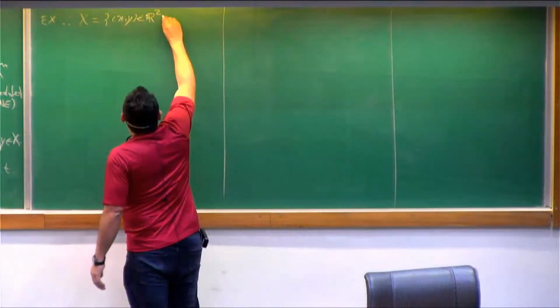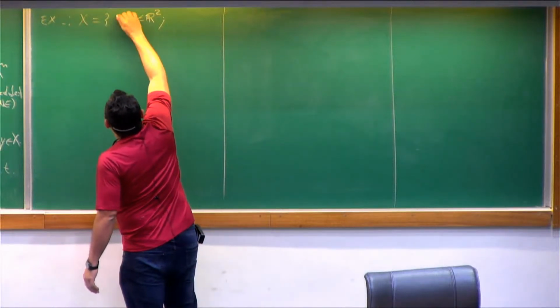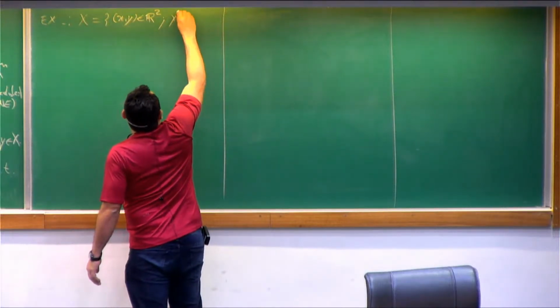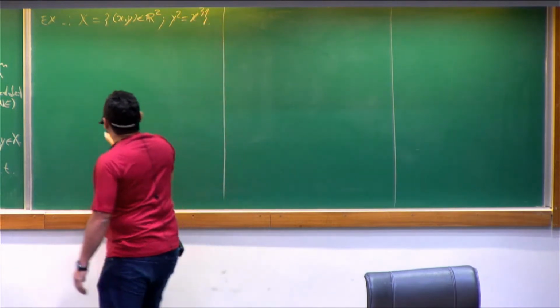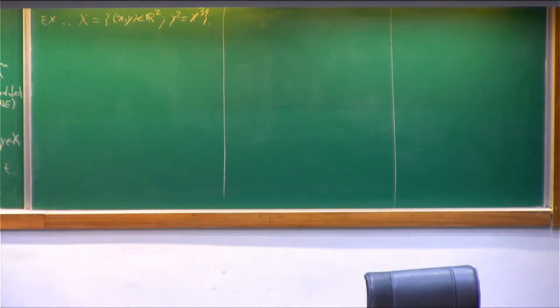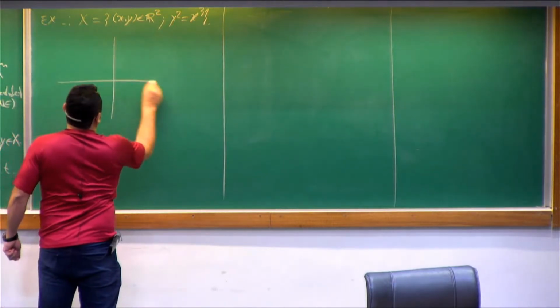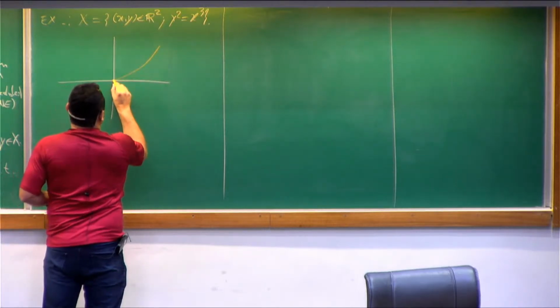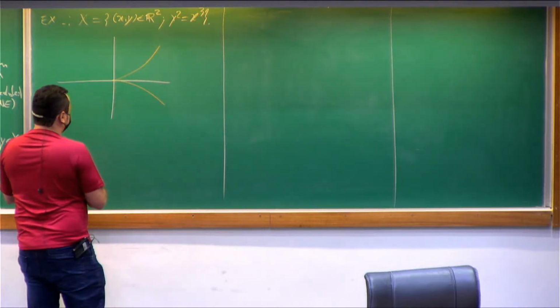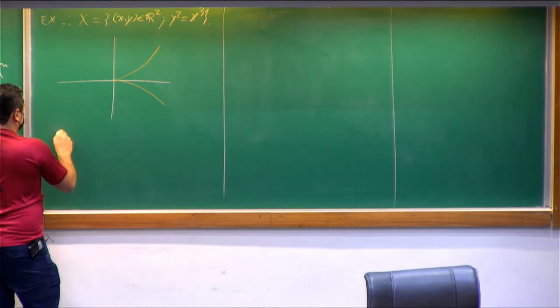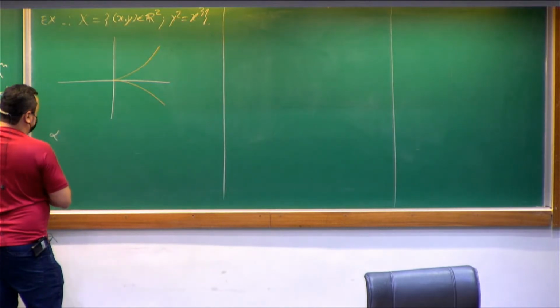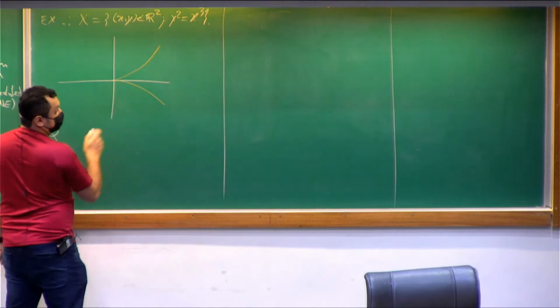Let me write here x squared, x cubed, for example. So the picture is more or less like that. We have in fact two parameterizations of this.